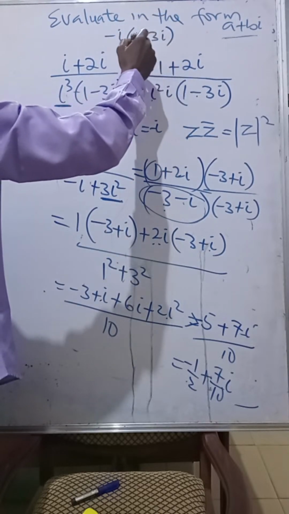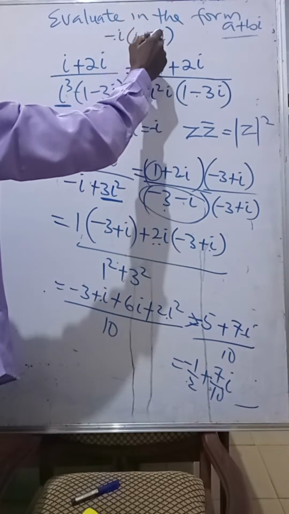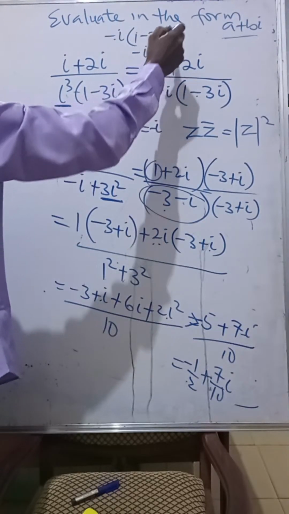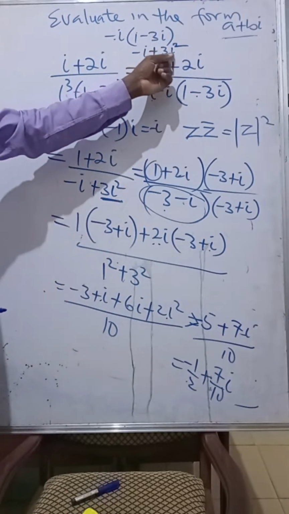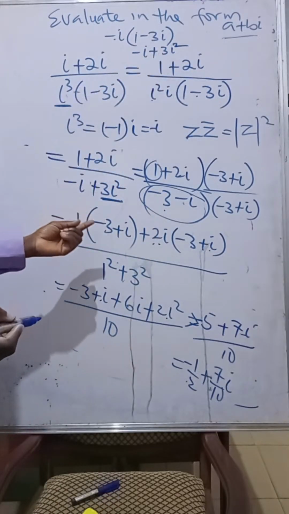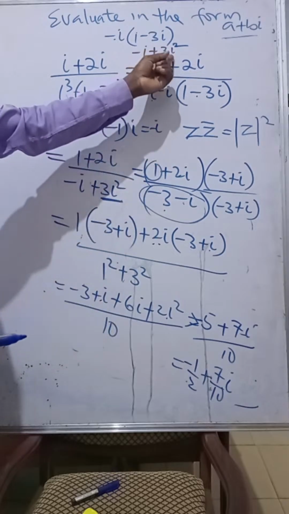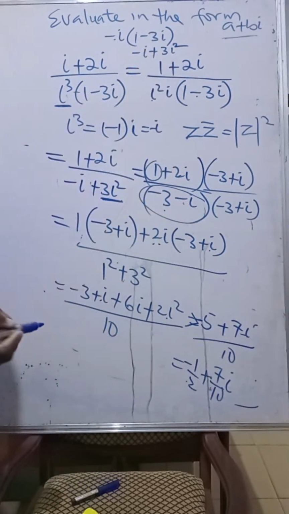That will give us minus i, another times minus, that's plus 3i squared. At the end of the day, i squared is minus 1, so that will give us minus 3 in this place, minus i. That's correct.